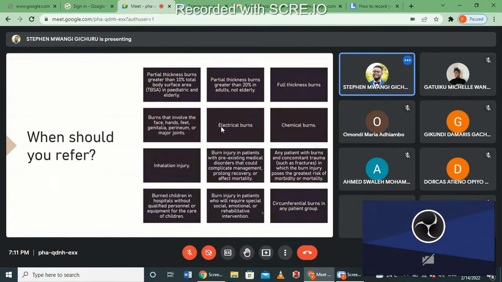So these are the others that I didn't mention because you can always read on your own. If you have more than 20% body surface area burns in adults who are not elderly, then you need to refer. If it's more than 10% in the elderly and pediatrics, then you need to refer.